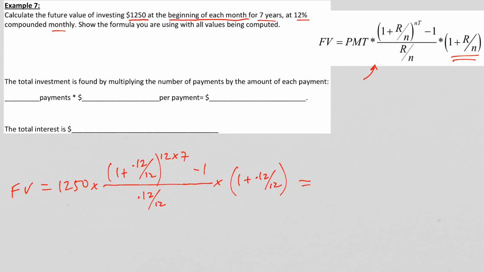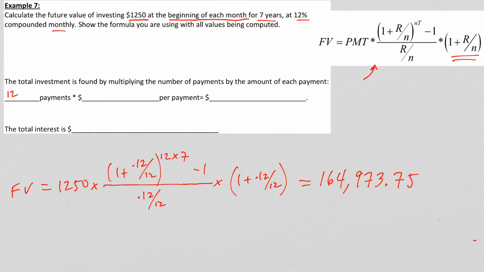Okay, let's see what this comes out to. Make sure you can do this on your own calculator, but I got $164,973.75.